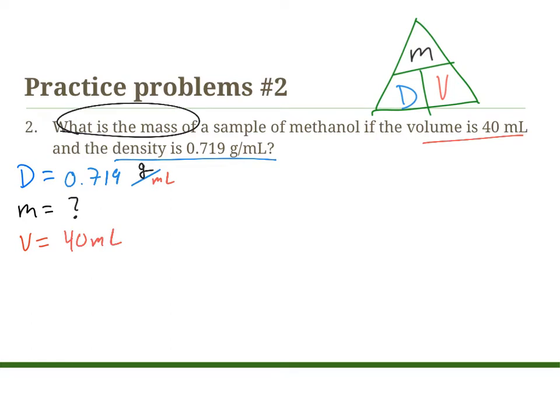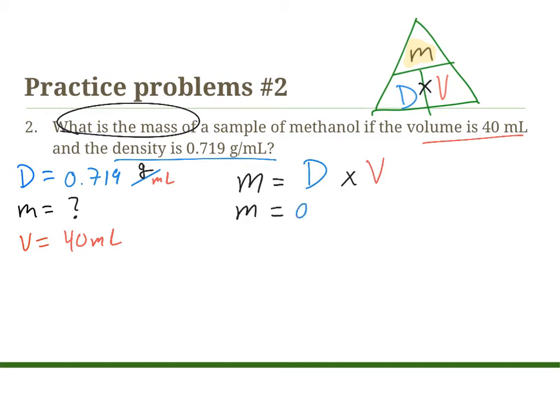So what I'm going to do is note that I'm solving for mass. So I'm going to cover up mass with my highlighter, and then I'm going to go back and see that they're on the same level, so that means that they're going to be multiplied. So now I know that my formula is going to be mass is equal to density times volume. So now I'm going to substitute my values in.